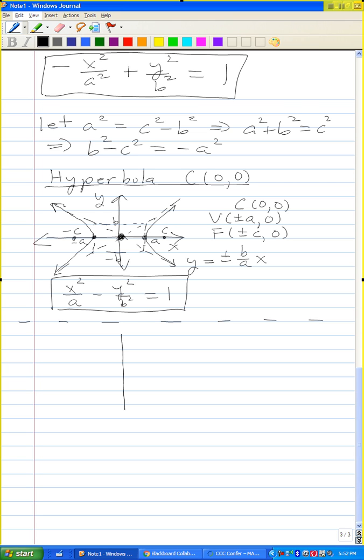And, well, in the other case, which we actually found the equation for, suppose you have a, negative a, b, negative b.